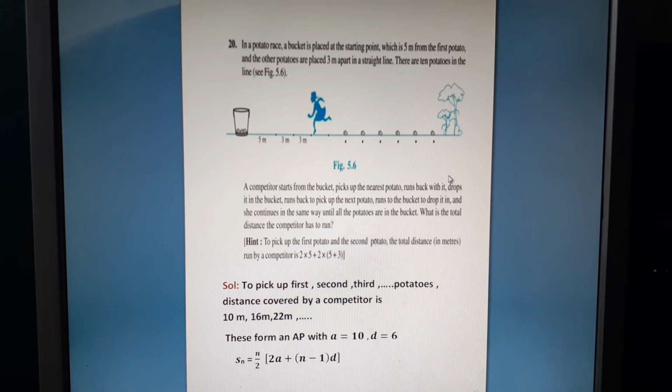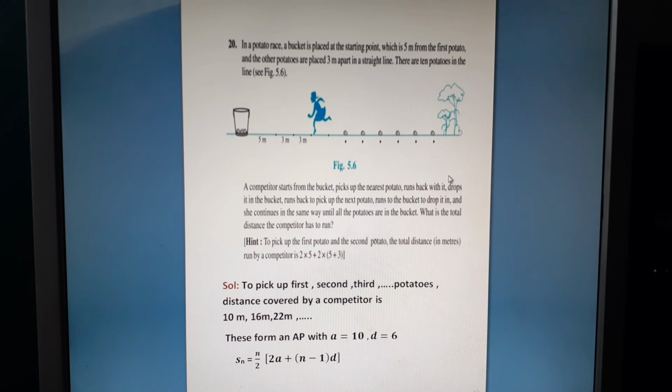These form an AP with a is equal to 10 and d is equal to 6, because second term minus first term is 16 minus 10, that is equal to 6.